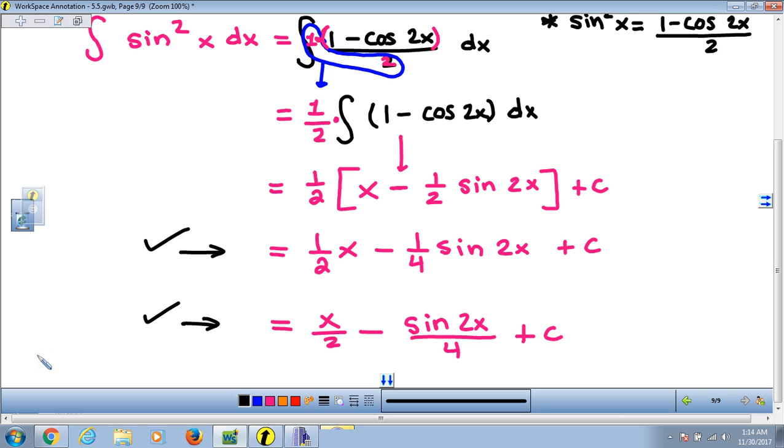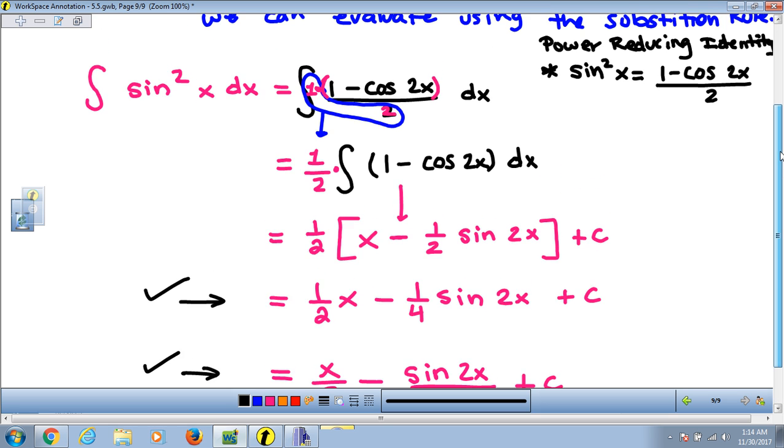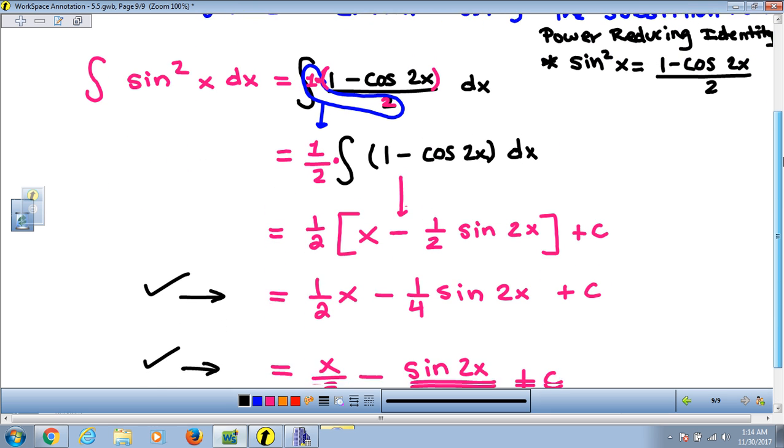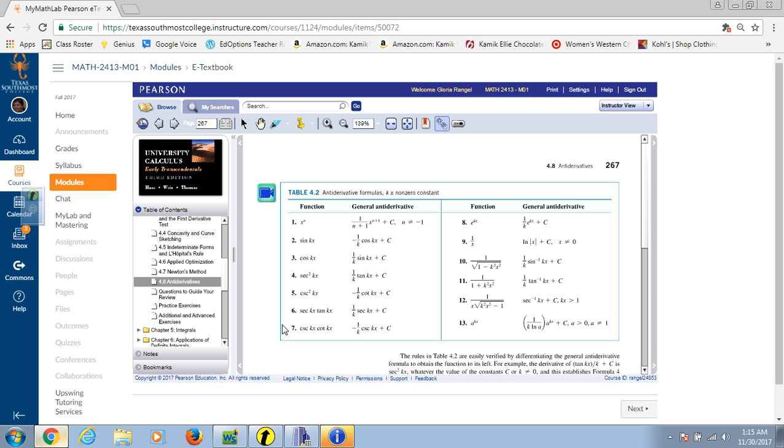And here we really did not even have to use the U process, replacing everything in terms of U's, because the only way to solve this was through the substitution of this formula, the power reducing, and that took care of it itself. I don't need to do the replacement method, the substitution method. I mean, I substituted something, but not u. It wasn't necessary.